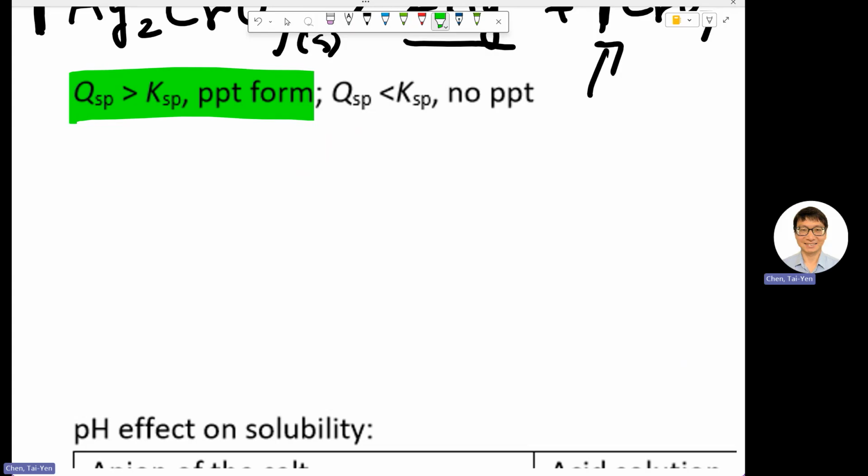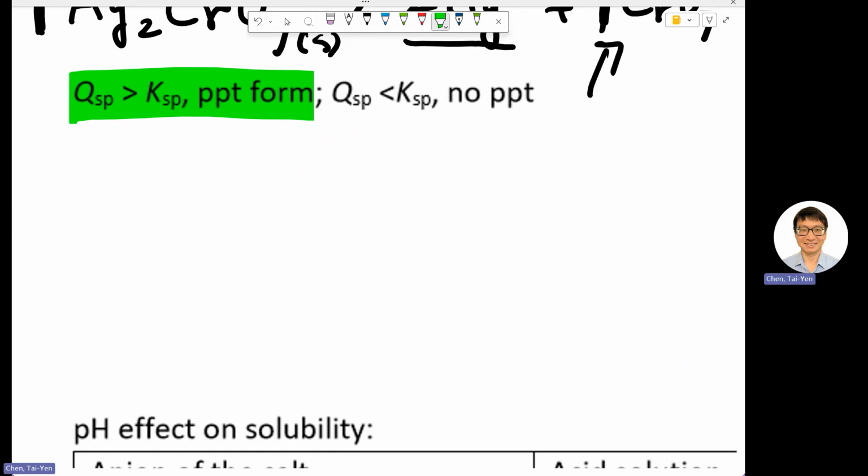The way you eliminate the product is in the form of precipitates. So if you see your Qsp larger than Ksp, then you are going to see the precipitate. If your Qsp is smaller than your Ksp, then you will not form the precipitate. Okay, so these are the two true statements. Any other combination of things is impossible.